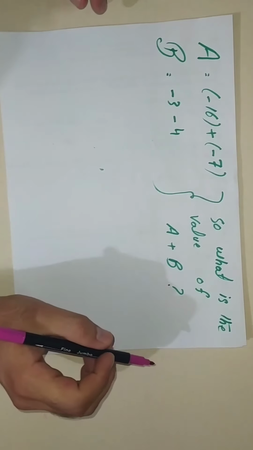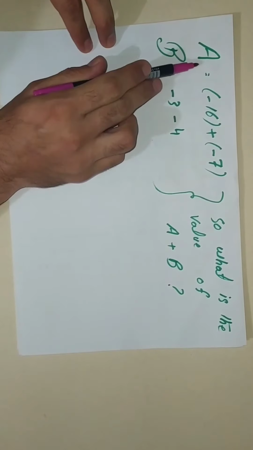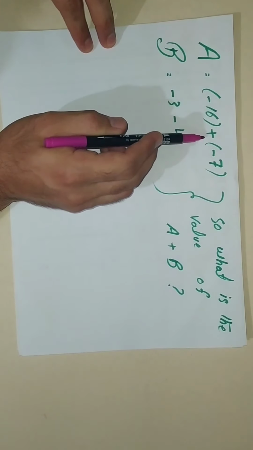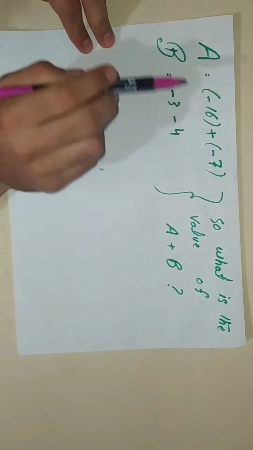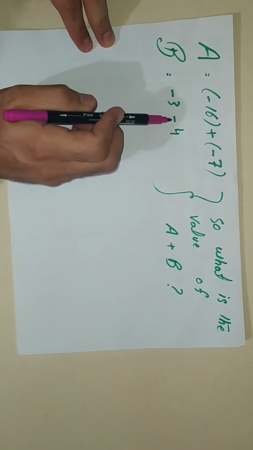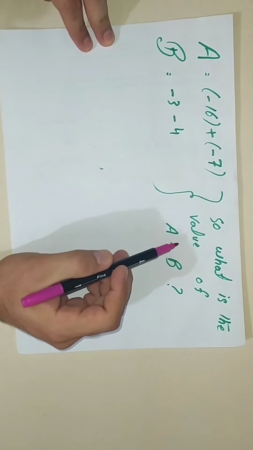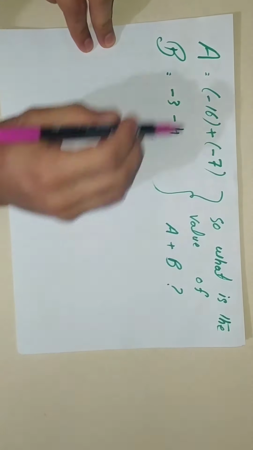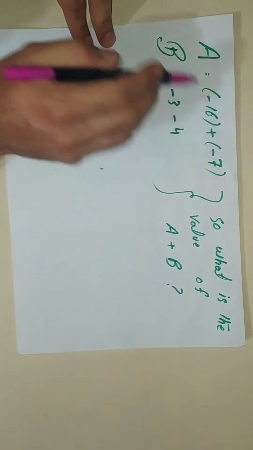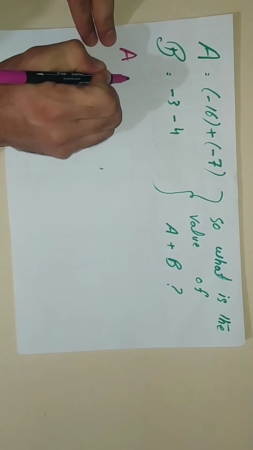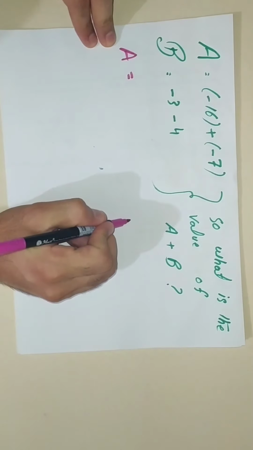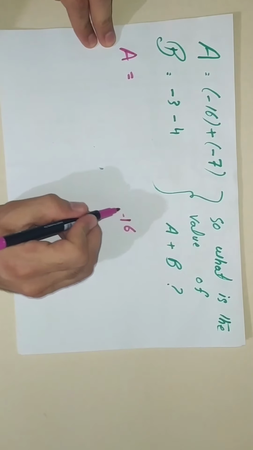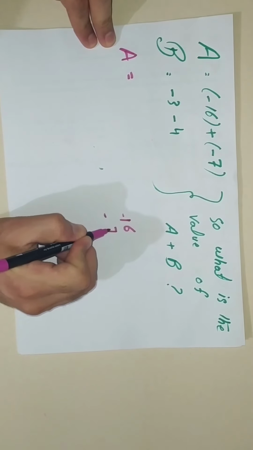On this page, two values are given. A is equal to minus 16 plus minus 7, and B is equal to minus 3 plus minus 4. The question is asking us, what is the value of A plus B? Okay, first we have to add these both numbers. A is equal to minus 16 and minus 7.